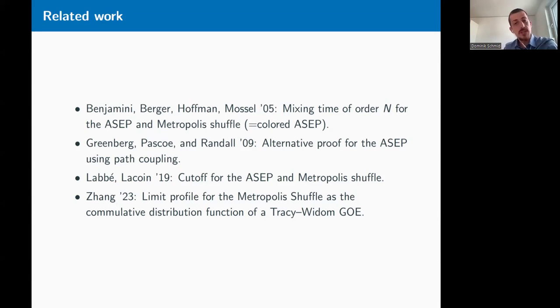Some of the first studies of mixing times for the asymmetric simple exclusion process go back to Benjamini, Berger, Hoffman, and Mossel, 2005, who proved that the mixing time is of order n for the ASEP, and also for what they call the Metropolis shuffle. Maybe giving it a bit of context in the interchange process, you can think of it as introducing back the colors.